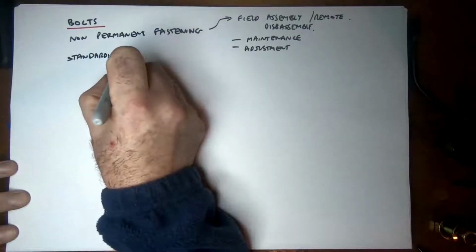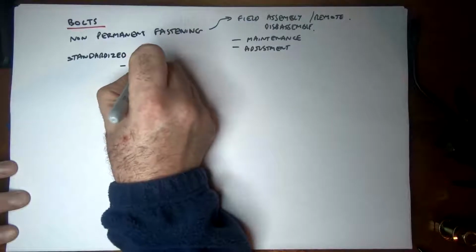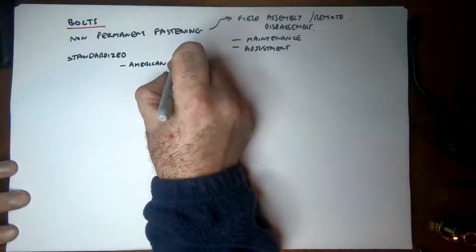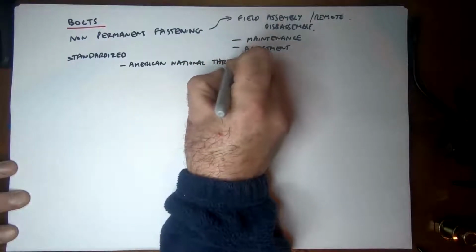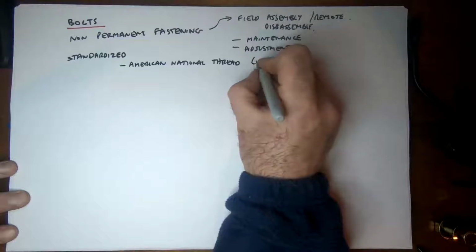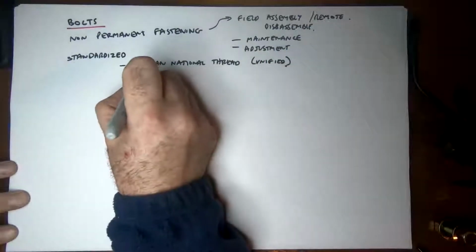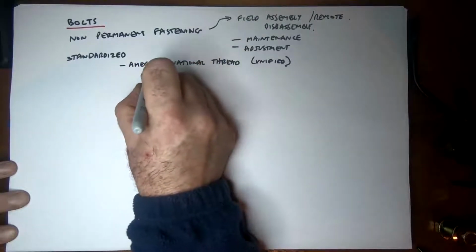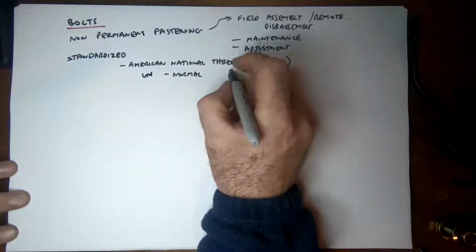So we do have standards, and the American one that we're interested in is called the American National Thread, or the Unified Series. And that has the symbols UN, just UN for the normal use threads.